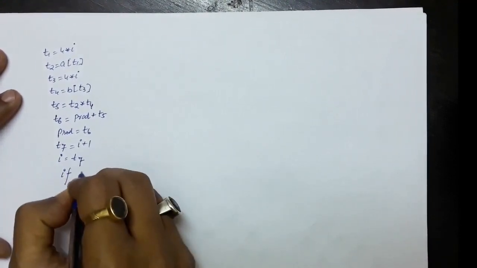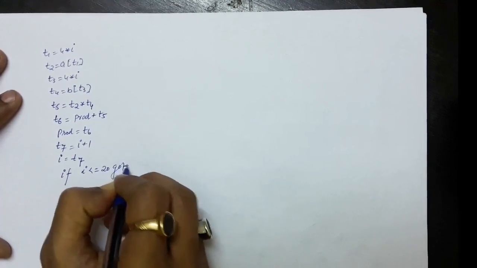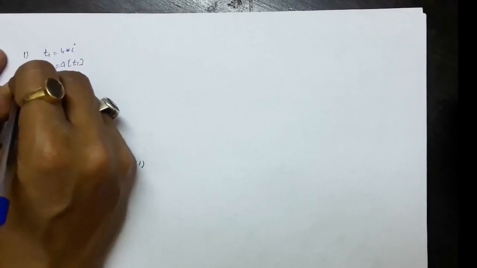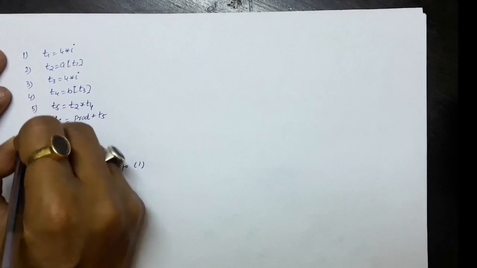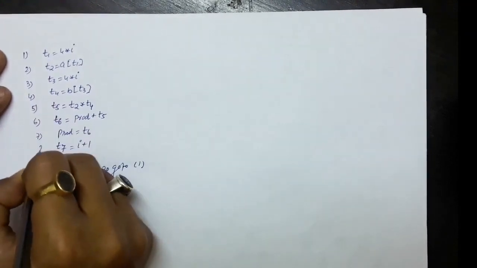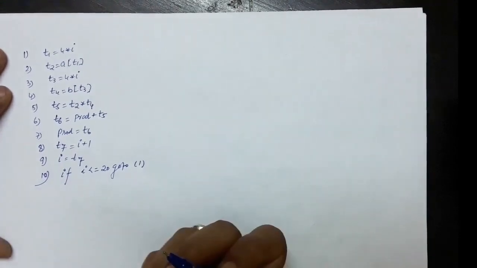Then we have a conditional jump: if I is less than or equal to 20, then go to 1. Let us label these statements 1, 2, 3, 4, 5, 6, 7, 8, 9, and 10. These are the labels of the statements.